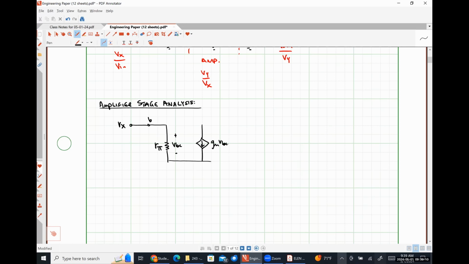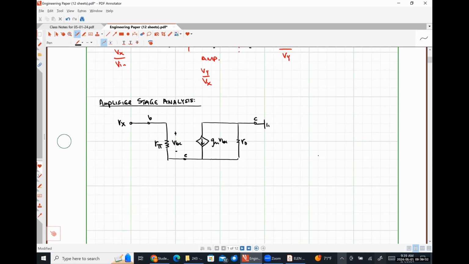Here's GM VBE. Here is R naught. My collector is grounded. And then over here at my emitter, I have my resistance RE, and the voltage drop across this resistance is the voltage Vy.